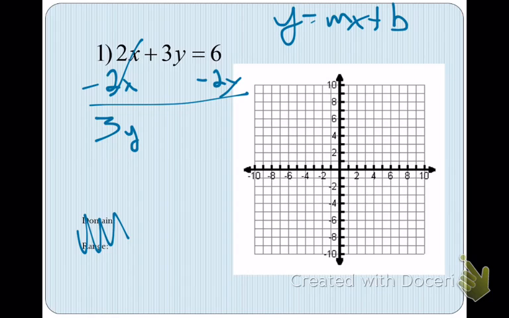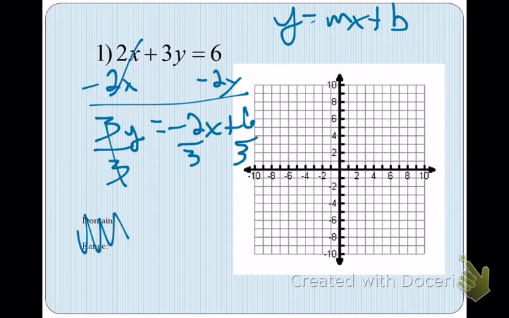And that gives us 3y on the left-hand side. We cannot combine negative 2x and 6, so just bring them down. And then we're going to divide everything through by 3. Okay? So we get y equals negative 2/3 x plus 2.